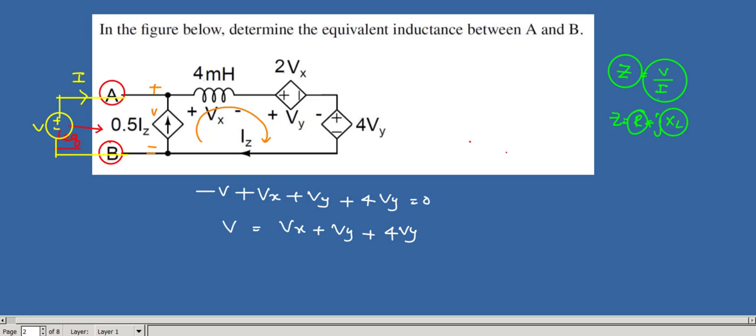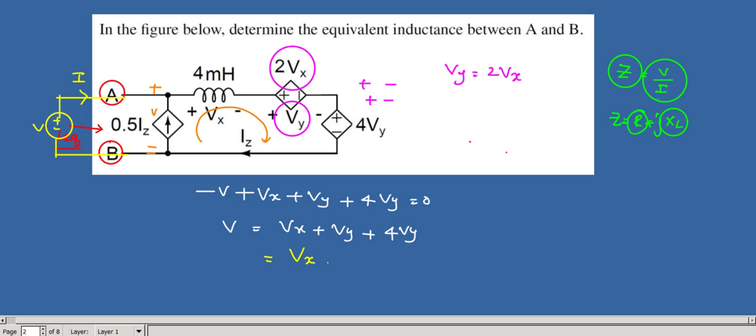So you can clearly observe here Vy equals 2Vx. You can see the plus and minus symbols, and the polarities are the same. Okay, so Vy equals 2Vx, and you substitute here.